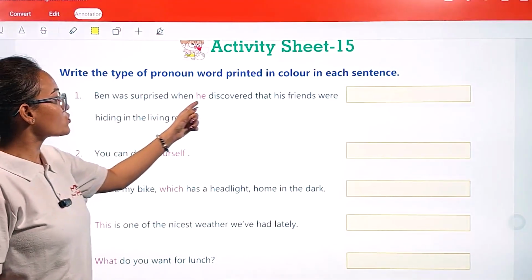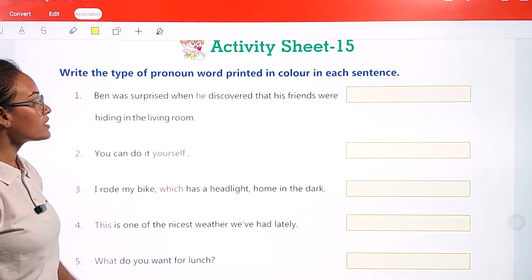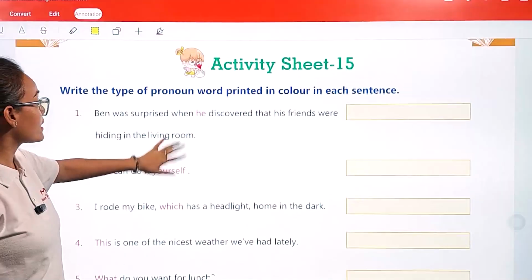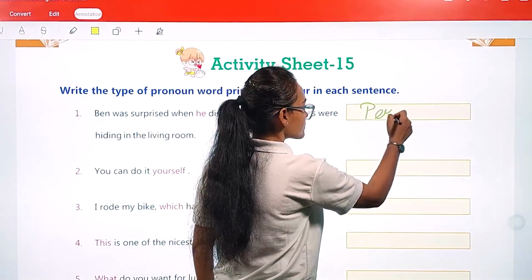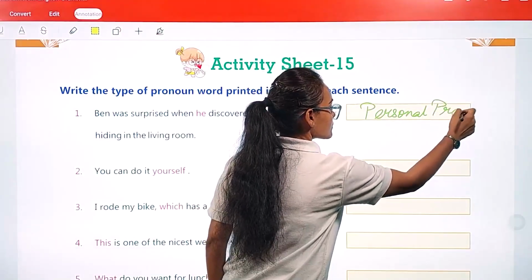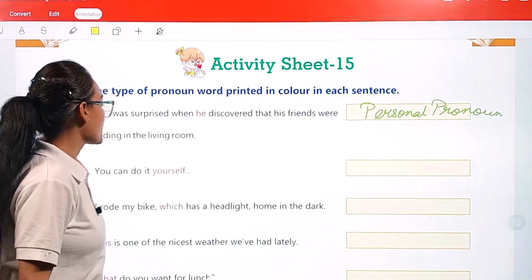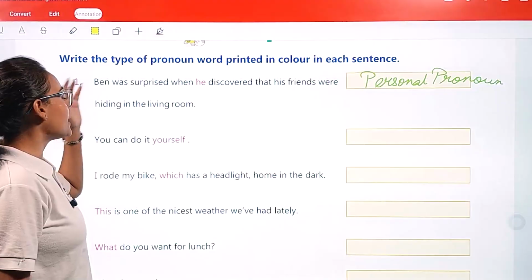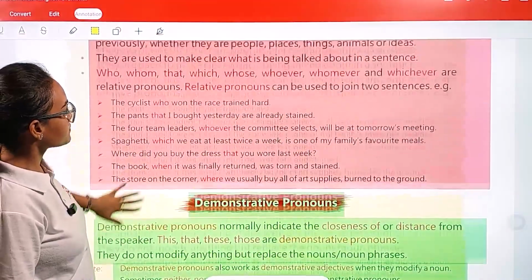Ben was surprised when he discovered that his friends were hiding in the living room. Okay, so "he" comes under the category of personal pronoun. Personal pronoun. Okay, now you can do it yourself. So where do "self" or "selves" come? Let's see.